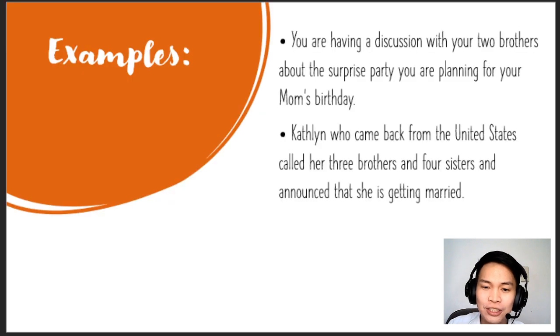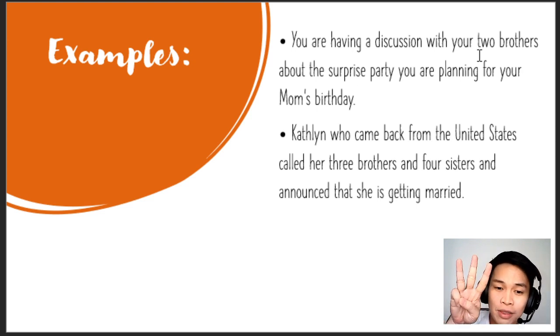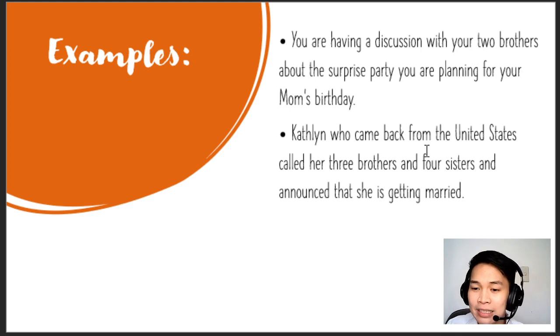Now let's proceed to the examples. You're having a discussion with your two brothers about the surprise party you are planning for mom's birthday. So you are talking to your two brothers, so you are now three. Next, Kathleen, who came back from the United States, called her three brothers and four sisters and announced that she is getting married.